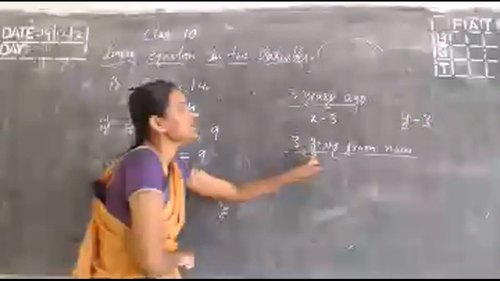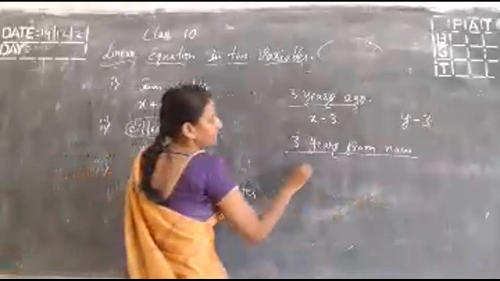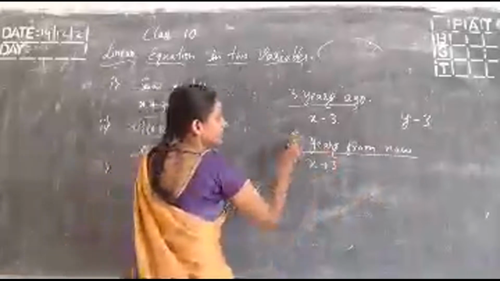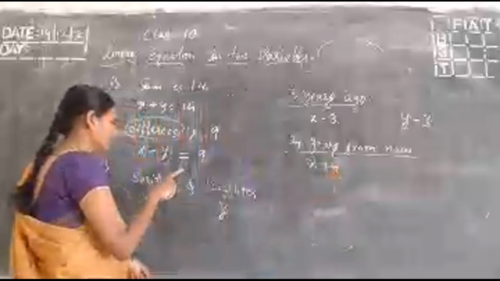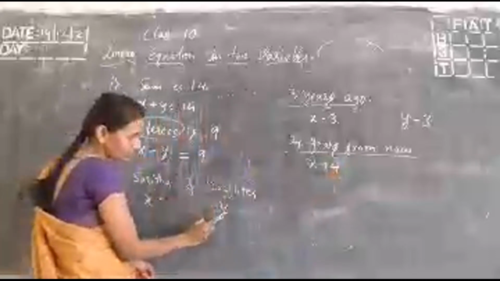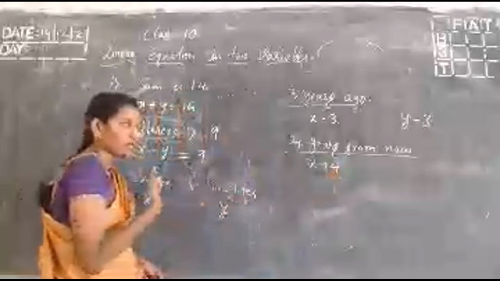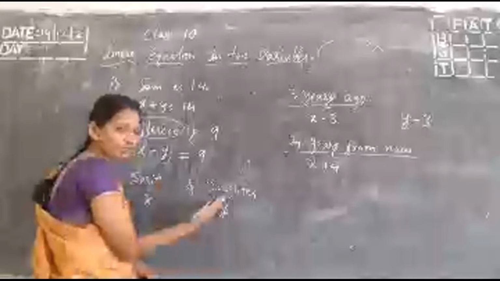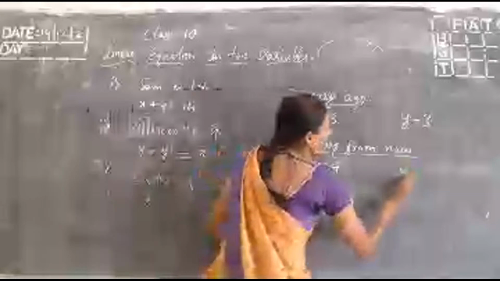Sarita's age 3 years from now, I will take 4 years otherwise, is x plus 4. Sarita's daughter's age is y. 4 years from now, the daughter's age will be y plus 4.